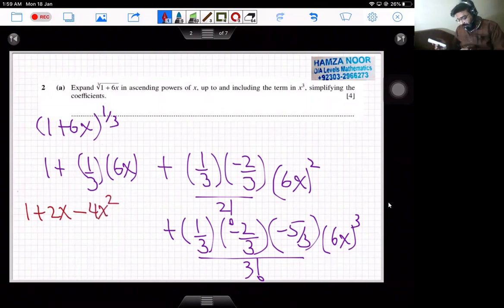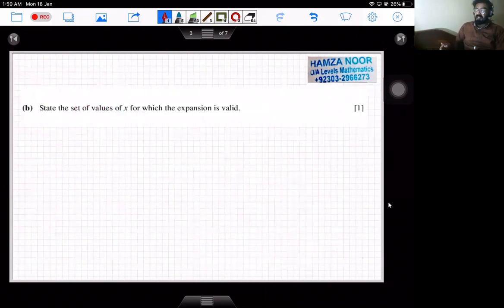Then this minus will be multiplied by minus, and this will become positive: 1 over 3 into minus 2 over 3 into minus 5 over 3 divided by 3 factorial into 6 cubed is 40 over 3 x cubed. This is your final answer to question number 2, part A. All you need to do is expand up to and including the term in x cubed and simplify the coefficients. Part B is saying: state the set of values of x for which the expansion is valid.